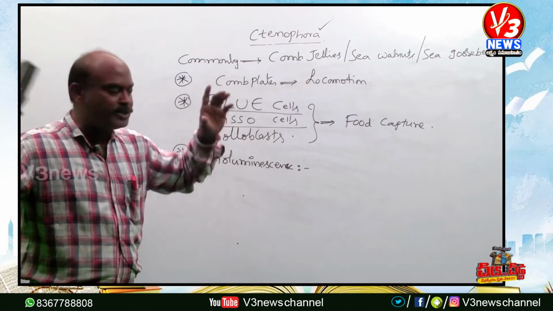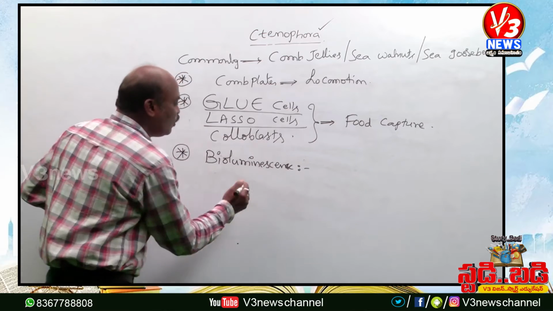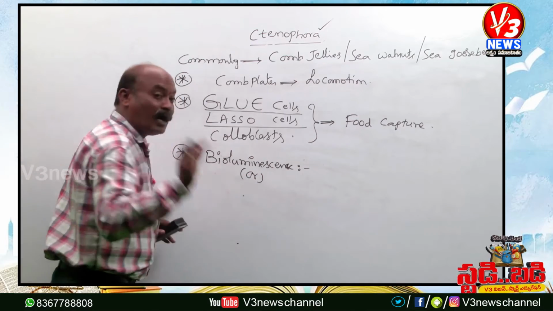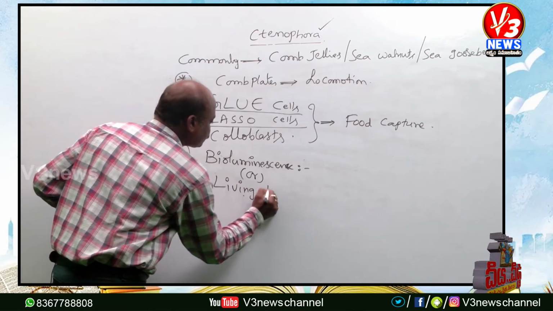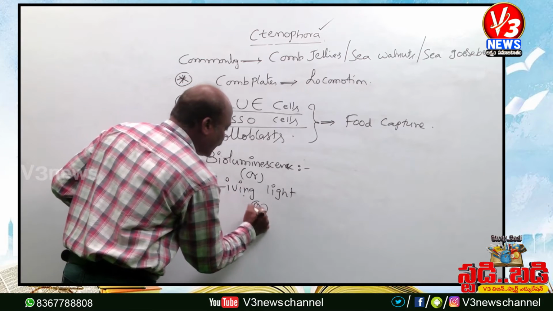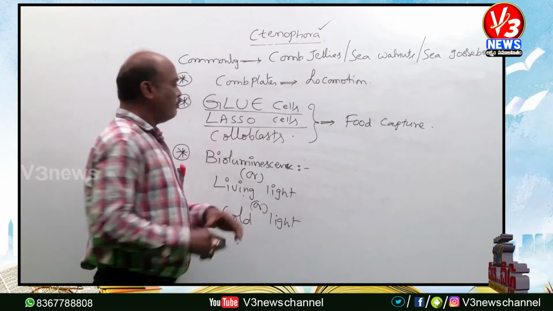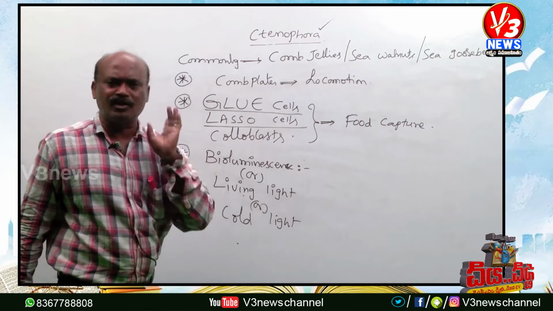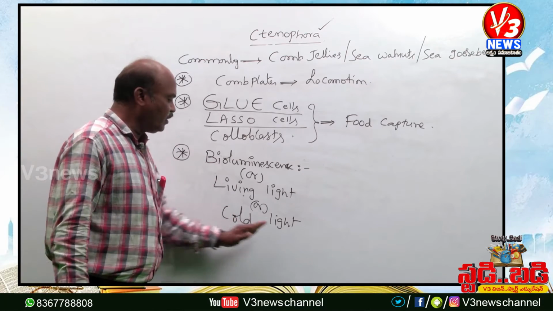Once again I will repeat, what is meant by bioluminescence? Bioluminescence is otherwise called living light, or cold light. Bioluminescence is the technical term, living light is the simple, common term, and also cold light.